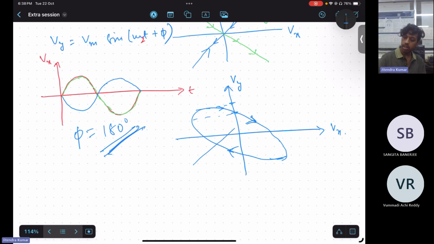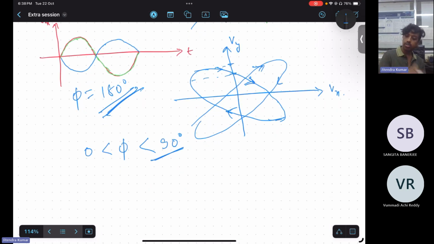Had it been in the first quadrant, this is how any Lissajous pattern will be, a combination of multiple loci. If it is in the first quadrant, it will be 0 to 90 degrees, isn't it? If it shifts to the second quadrant, then phase will be 90 to 180.